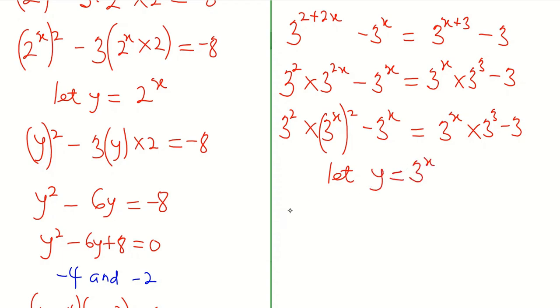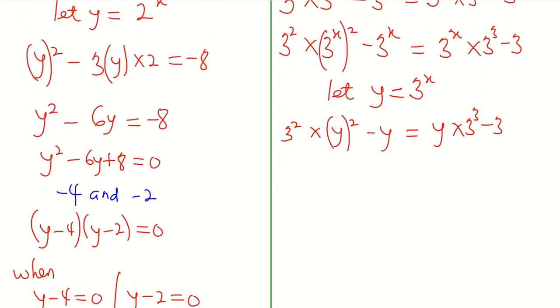And so we have 3 exponent 2 times y exponent 2 minus y, which is equal to y times 3 exponent 3 minus 3. With this, we can see that 3 squared is giving us 9, and it's being multiplied by y squared. And then the next one, we have y here.